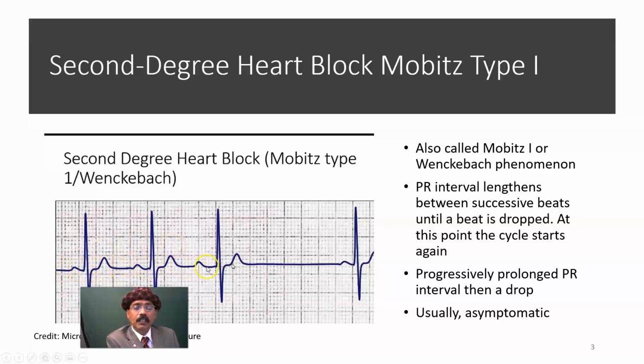It is lengthening until a beat is dropped here. QRS complex is missing, so a beat has been dropped. Progressively prolonged PR interval, then a drop, usually asymptomatic or maybe symptomatic. That is the second degree heart block, Mobitz type 1, Wenckebach.